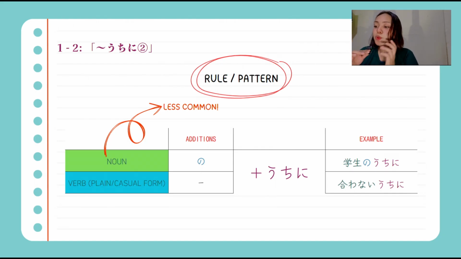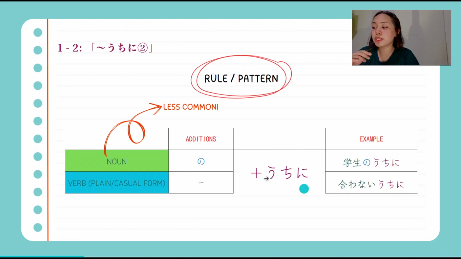So, ganun pa rin po. If you're going to use uchini with a noun, meron po tayong addition na no. So, gakusei no uchini. However, as you can see here, it is less common. Okay? Pag sinabi nating less common, ibig sabihin po, hindi po masyadong ginagamit. Hindi siya masyadong ginagamit sa daily life. Okay? And we have verb naman po.